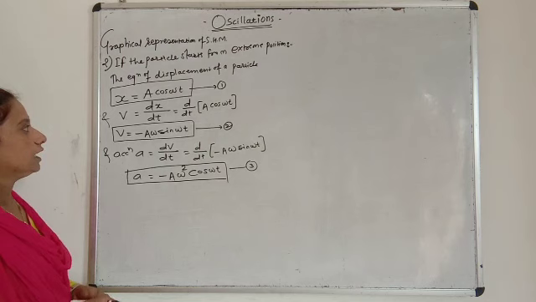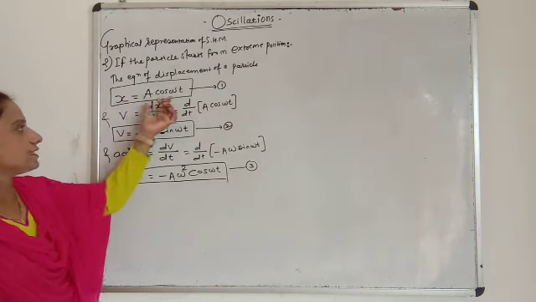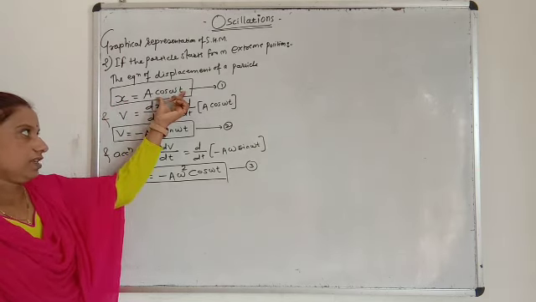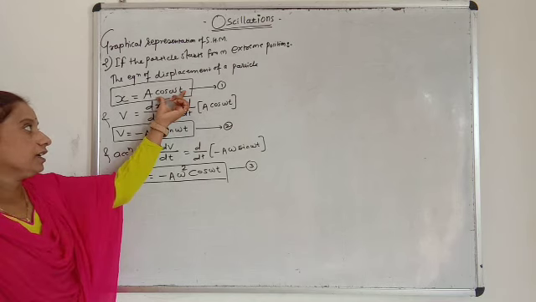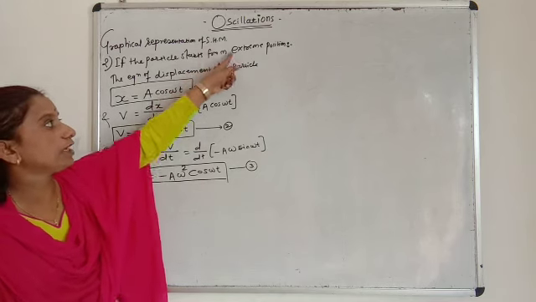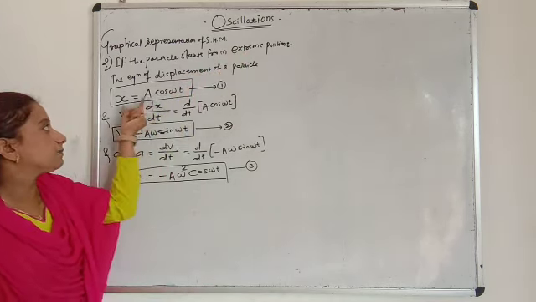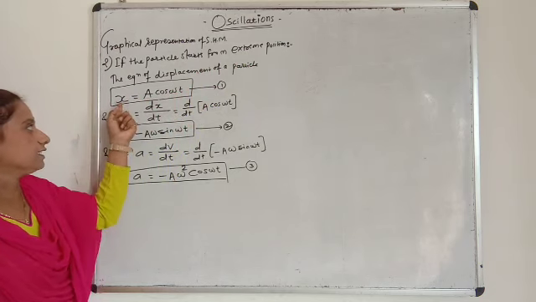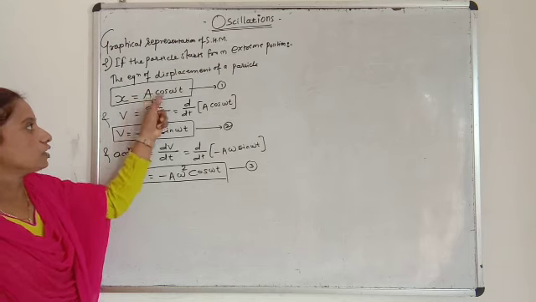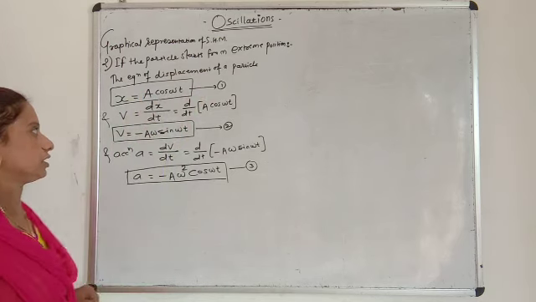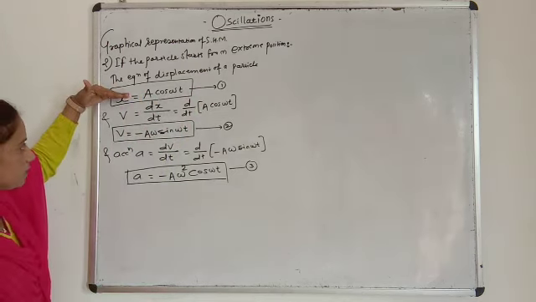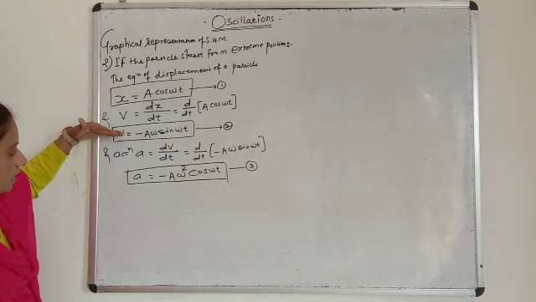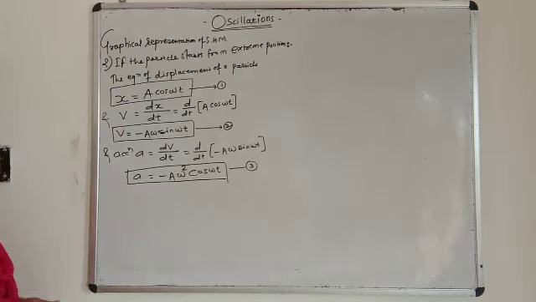Now here, this displacement is a cosine function. In the previous lecture, when the particle starts from mean position, the displacement x is a sin omega t. Here the displacement is a cos omega t in extreme position. From that displacement we calculate the velocity, and then we calculate the acceleration.